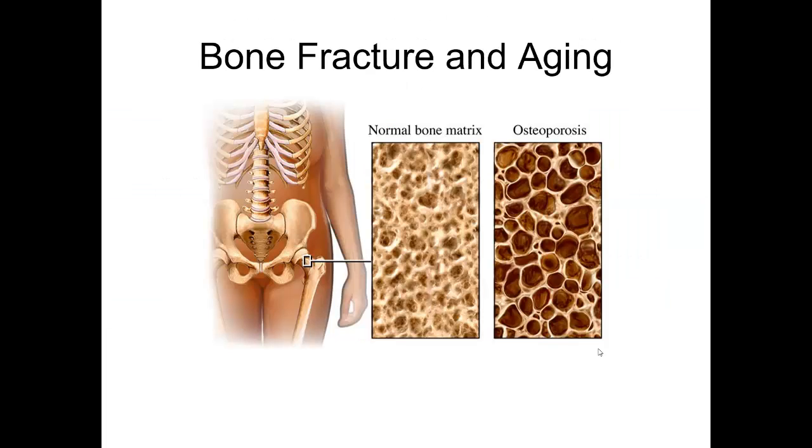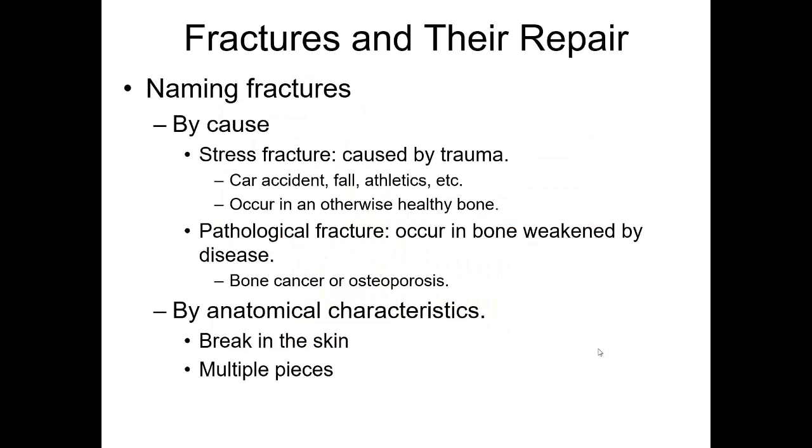Now, the next concept we're going to go to is bone fractures and how aging affects the skeletal system. Bones are prone to injuries and fractures. Fractures are named by the cause as well as how the fracture occurs.